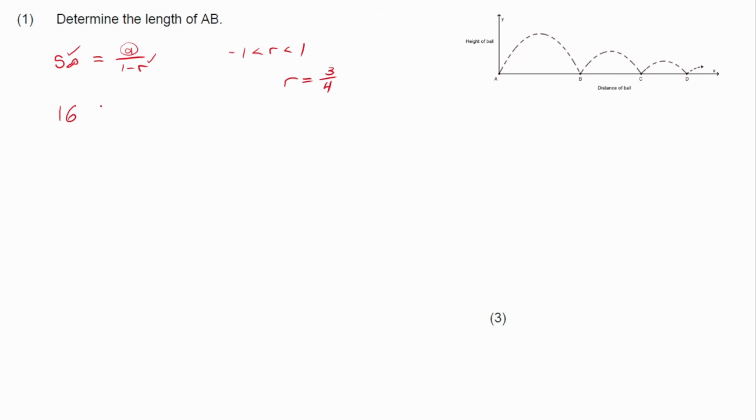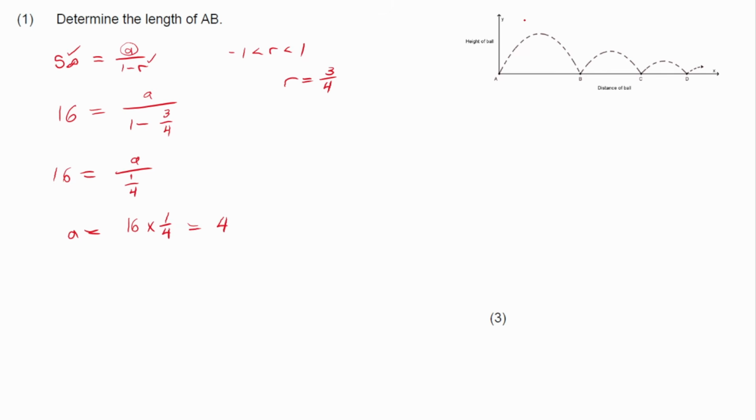So we know that sum to infinity is 16, we don't know A, and we know that our R is 3 over 4. So we know that 16 is equal to A over 1 over 4. So we know that A is equal to, and we take this to the other side, 16 times 1 over 4, which is equal to 4.